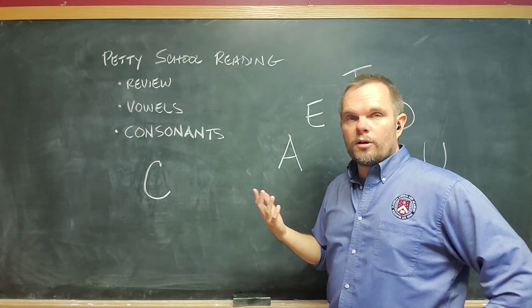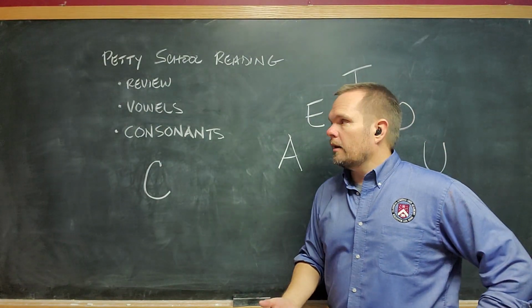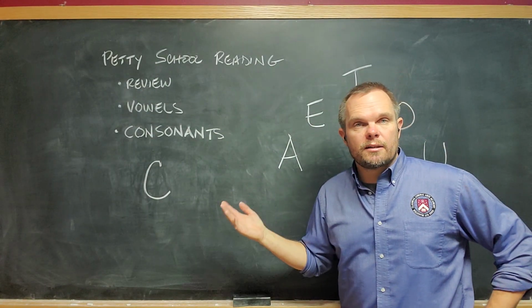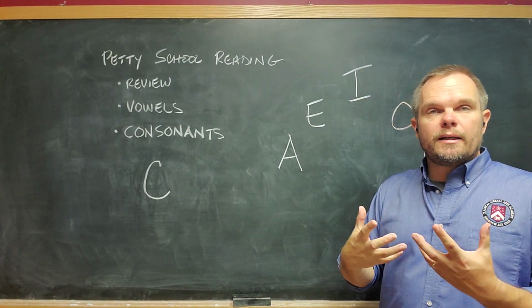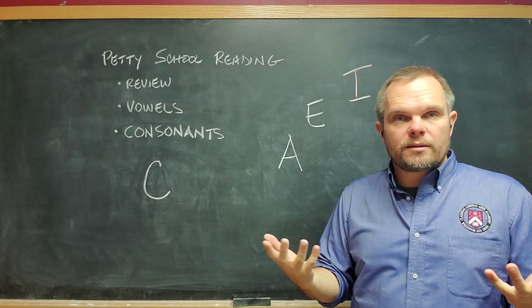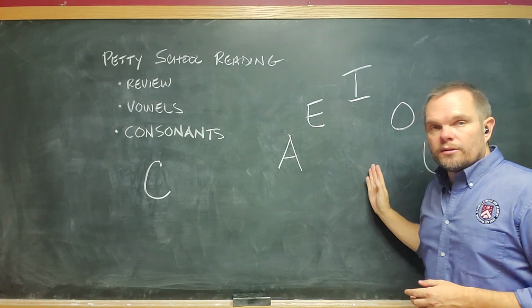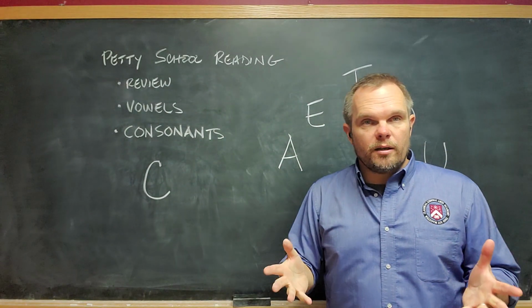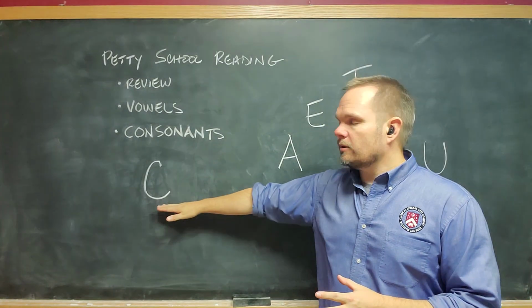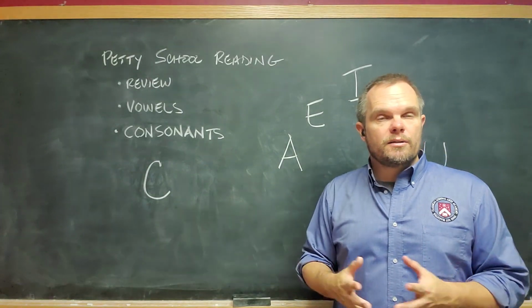We learned that words are made up of syllables and that syllables are made up of letters. And then in our last lesson, we learned how to make syllables by combining vowels and consonants together. Vowels can make syllables by themselves, just one letter, but consonants have to be joined to vowels to make syllables.